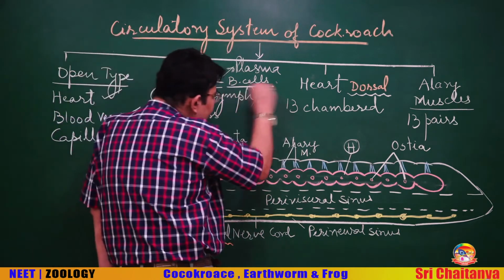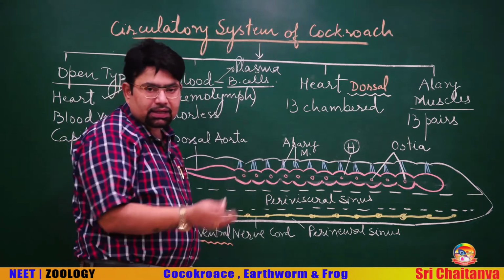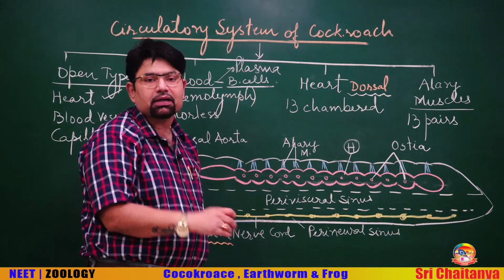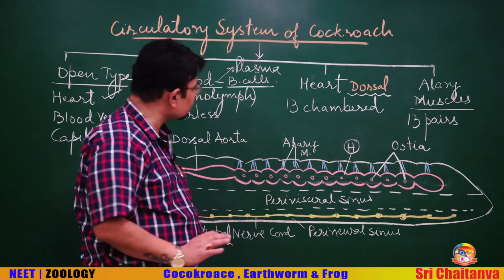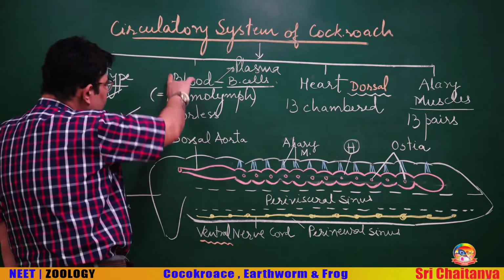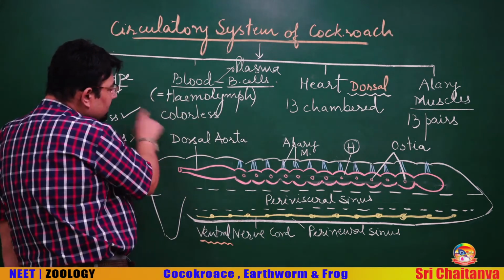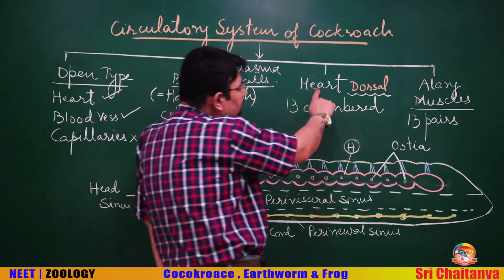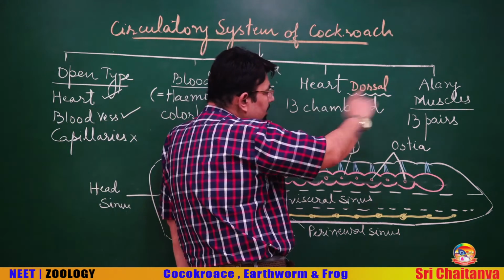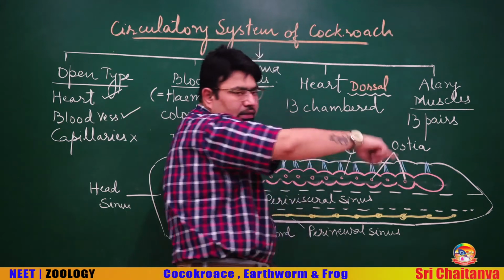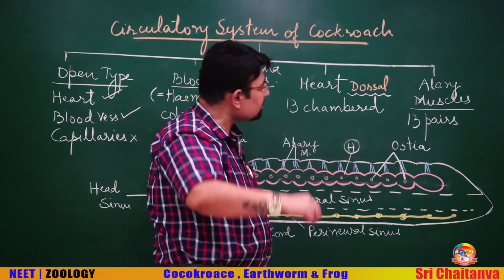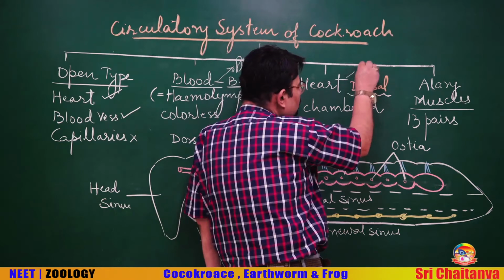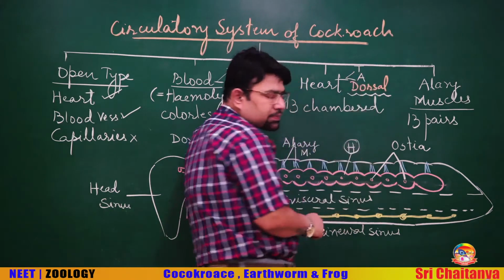The blood cells do not have any pigment, they are neither red nor white, they are simply phagocytic cells. So, the blood is hemolymph, it is colorless. Heart is single, mid-dorsal, which is present in thorax and abdomen.